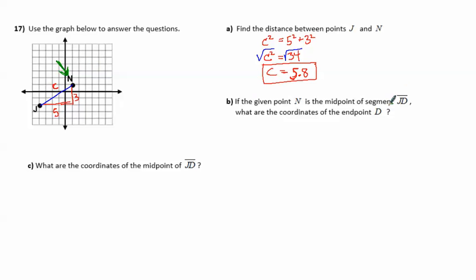Well, what you should understand from those instructions is that part of the drawing is missing. If n is the midpoint, it means that this line should keep going and end over here somewhere, and that endpoint is your point D. So you need to find out what that endpoint is.